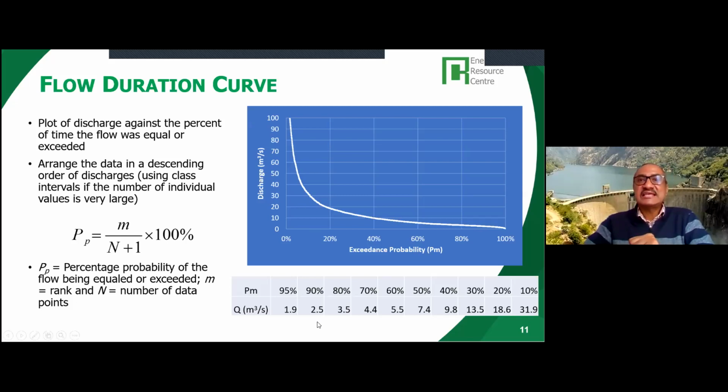But if you select 3.5 as the design discharge, you will only be able to generate at full capacity for 80% of the time. 20% of the time, the energy that can be generated from that hydro plant will be less than the installed capacity. So the flow duration curve is an important hydro parameter or computation useful for hydropower project design.